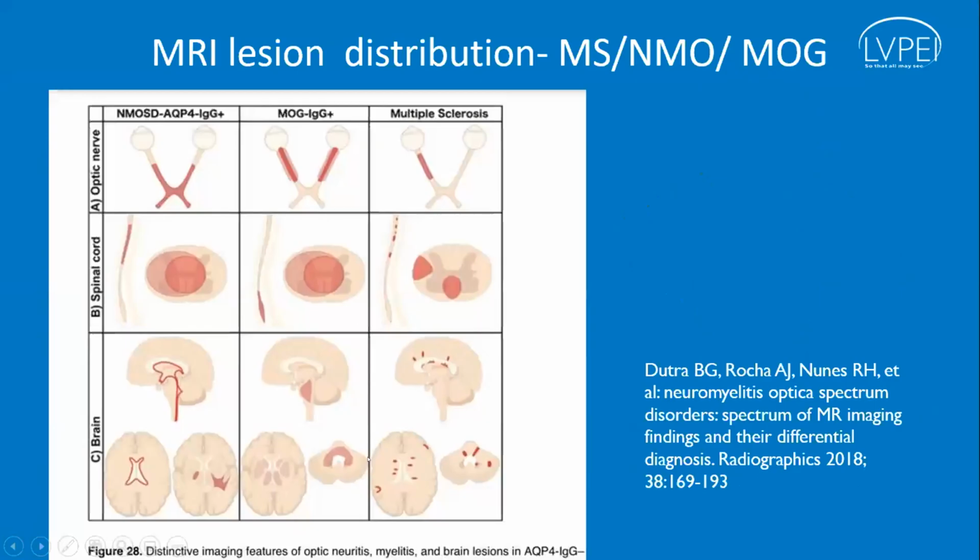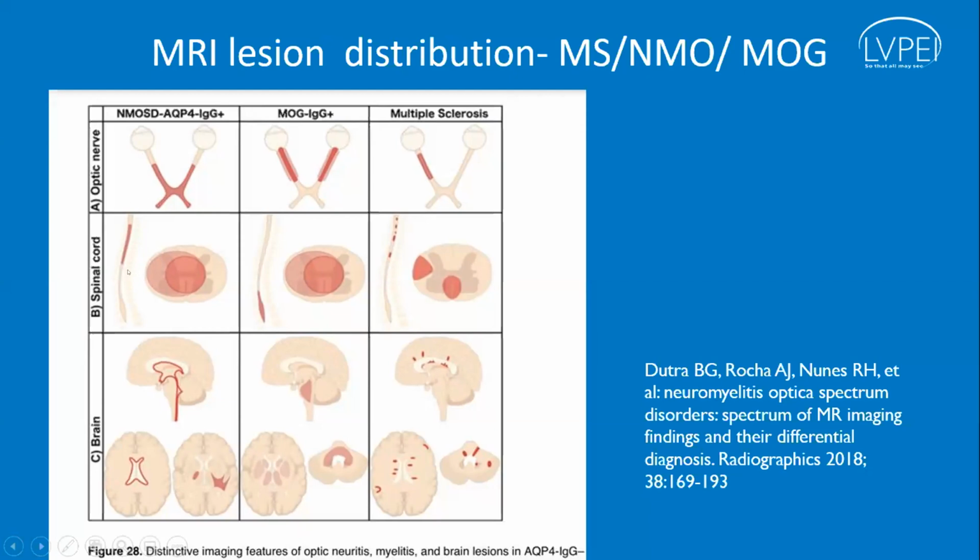And this slide possibly summarizes how we can distinguish between the different associated demyelinating disorders in the three common entities. MS, in which unilateral involvement is much more common. There is involvement of the anterolateral areas of the spinal cord. The lesions are discrete in the spine, and there are white matter lesions in various areas in the brain parenchyma. As compared to that, NMO spectrum disorders will usually have bilateral involvement or a long segment of optic nerve involvement.